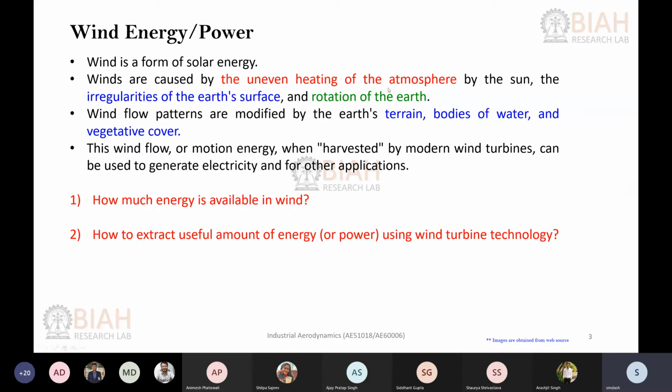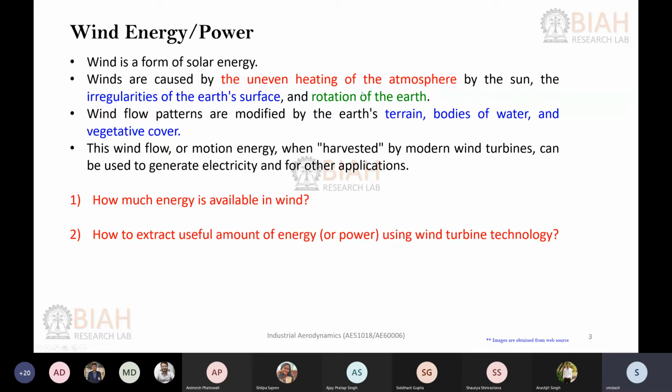These are the factors, which we already identified in chapter 1, that produce the wind. So wind energy is actually a form of solar energy, but it is not the 100% solar energy that we are talking about, because it's a modified form of solar energy, you can say.